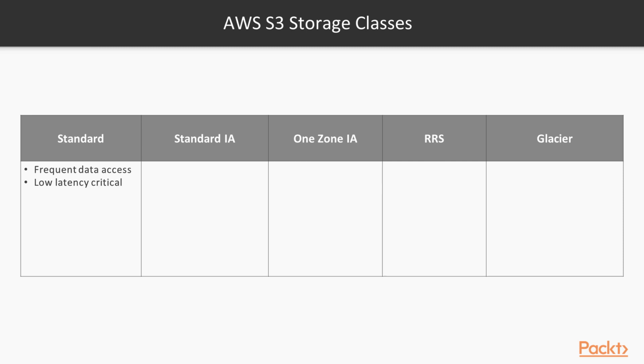Standard is for frequent data access, where low latency is critical. Let's consider that you're hosting a website with S3. That is going to be the Standard model, because you need to access your files, in terms of CSS, HTML, JavaScript, and so on. All your static files that need to be accessed go in the Standard storage class.